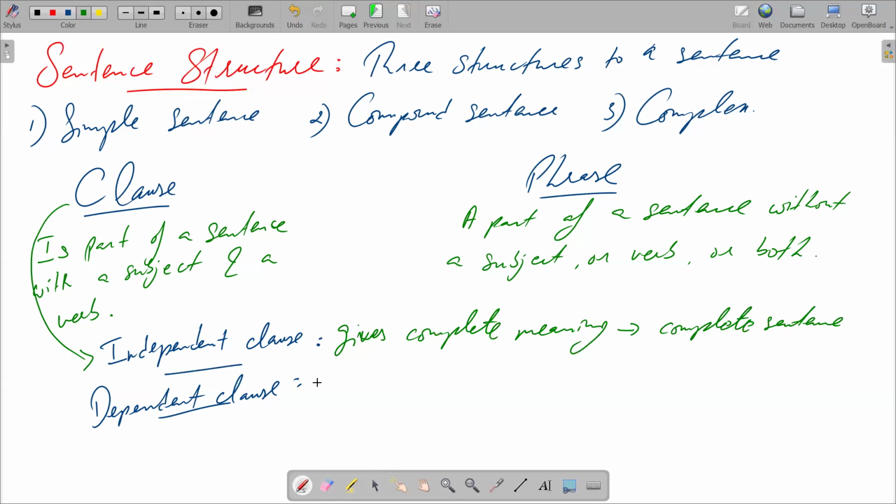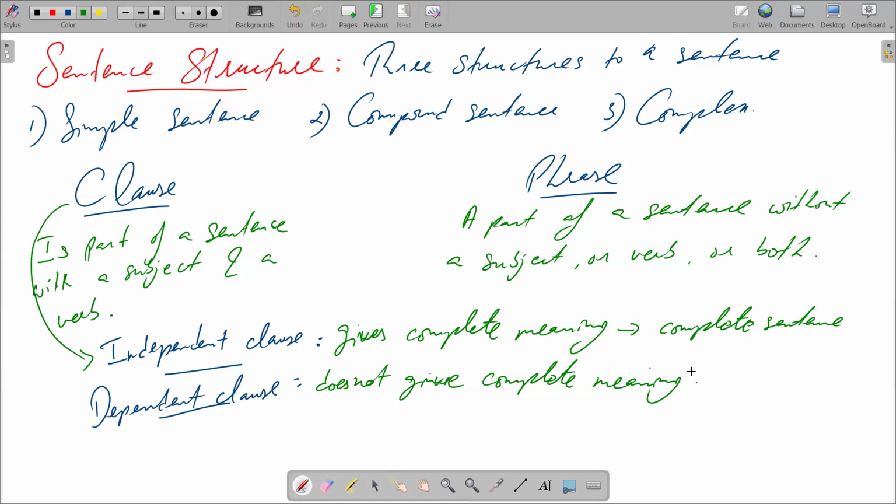A dependent clause does not give complete meaning. Right, so it has a subject, it has a verb, it has both. You need to have both of them. But for some reason, and we'll come to that, it's still not giving complete meaning. Okay?